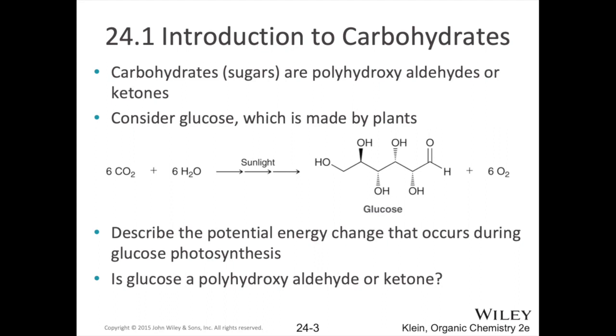Okay, though even though technically that's not a hydrate. You probably remember from high school biology or just lower level biology in general that glucose, one of the fundamental carbohydrates, fundamental sugars, is produced by plants by photosynthesis. So plants, green plants, take carbon dioxide and water vapor, and in the presence of sunlight and chlorophyll, they convert that into glucose.